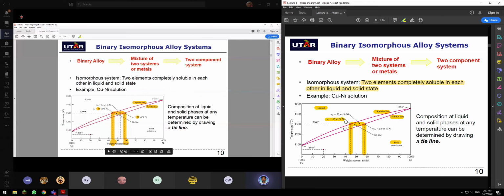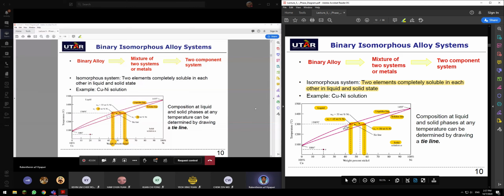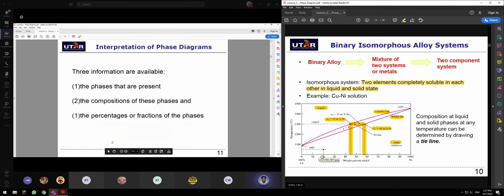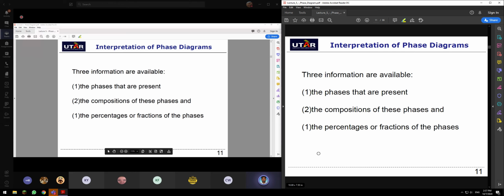Okay, can you understand until now? Guys, can you understand? Okay, good. So three informations are available.